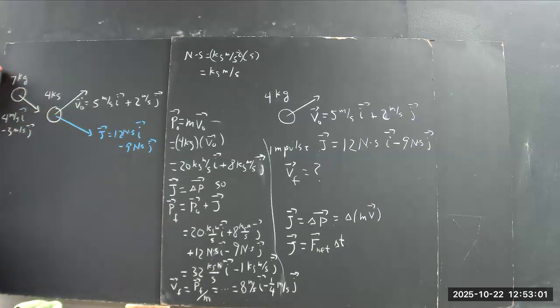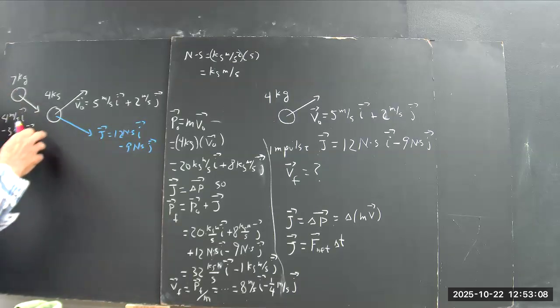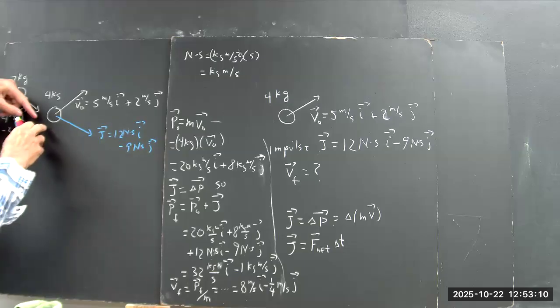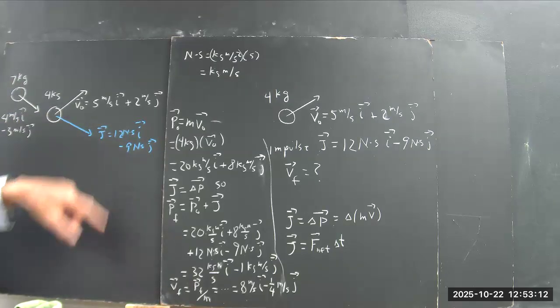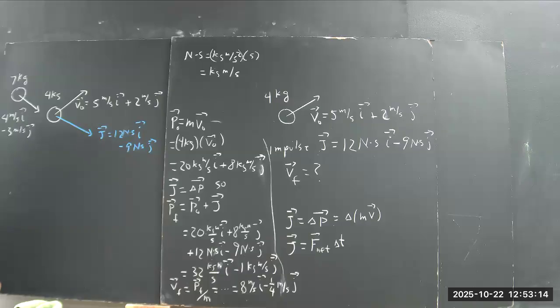So this thing is going to collide with this. Maybe this one's here, and then they collide. You're going to get a change of momentum due to the equal and opposite impulses. Okay.